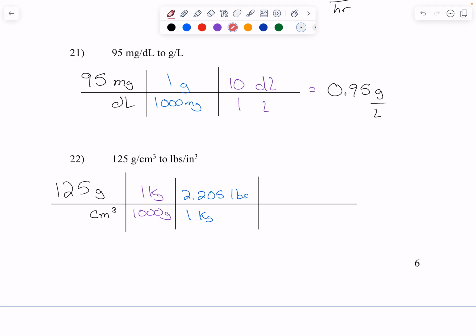We know that 2.54 centimeters cubed is 1 inch cubed. And if we do that, I get 4.5166845, I believe, which gives me 4.52 pounds per inch cubed, or cubic inch. There you go. Well, there are 22 conversions.